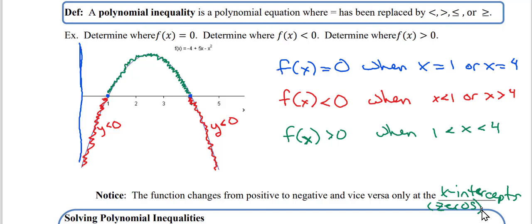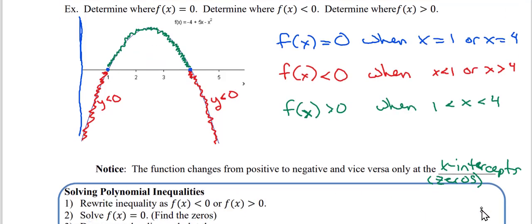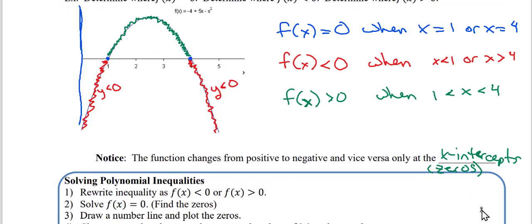Those blue dots are where it changes from red to green or green to red. So we need to find those, because that's where we could make a change from positive to negative or vice versa.